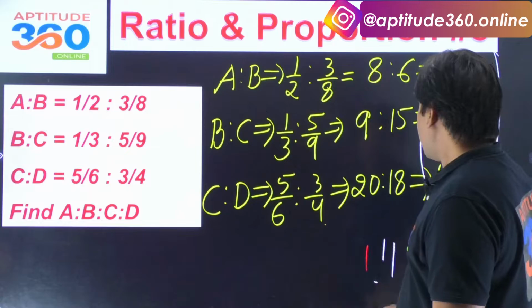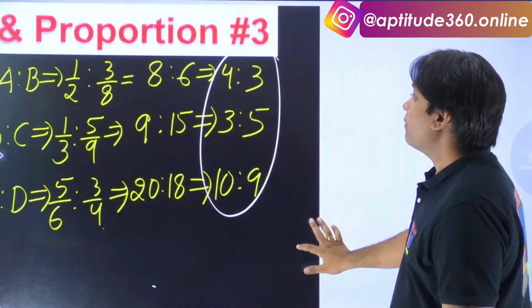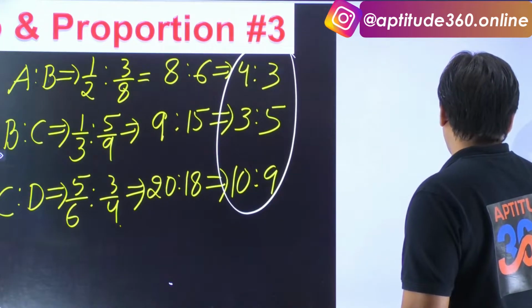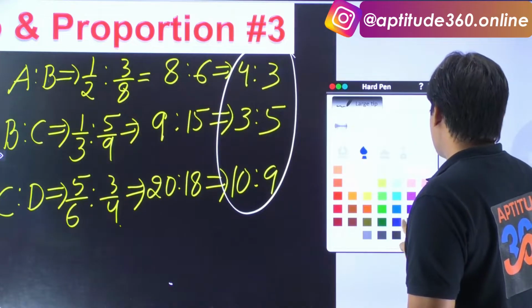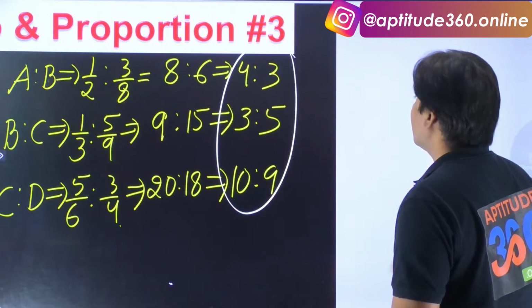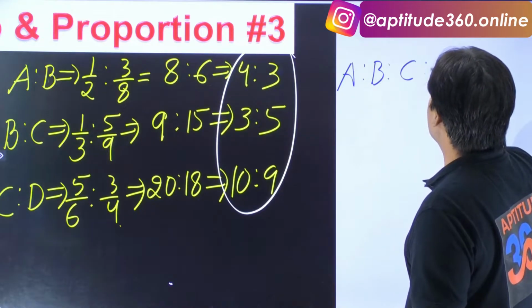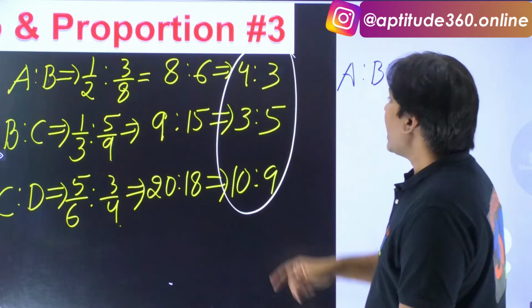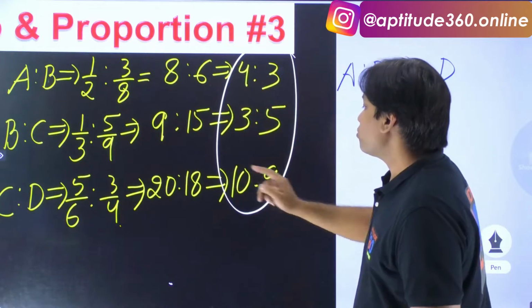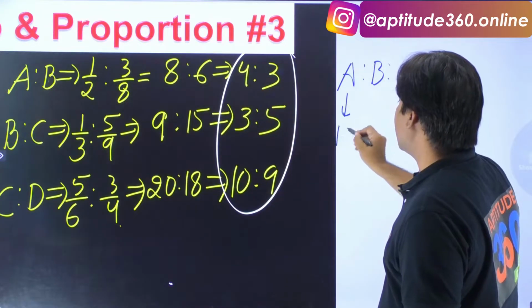Now have we learned how to find out a is to b is to c is to d in one line? What was the shortcut that we applied in video number 2? If I have to find out a is to b is to c is to d, a is going to be what? 4 into 3 into 10, which is going to be 120.